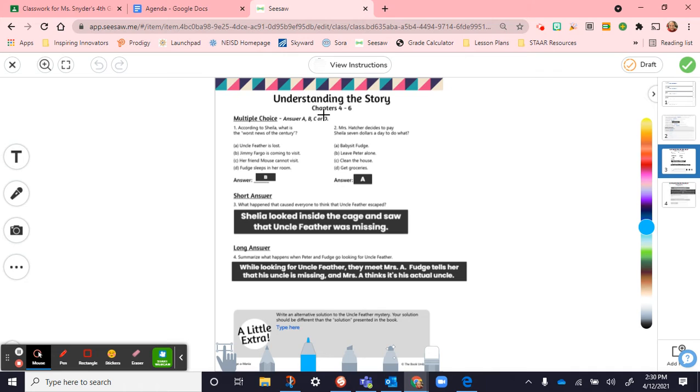Chapter 5 is Uncle Feather's adventure, when Uncle Feather, Fudge's bird, gets loose, and they go on a hunt to find him. And chapter 6, the perfect babysitter, is the one we read today. Everything in this section we have read up to, so we were just going back over and discussing different pieces.